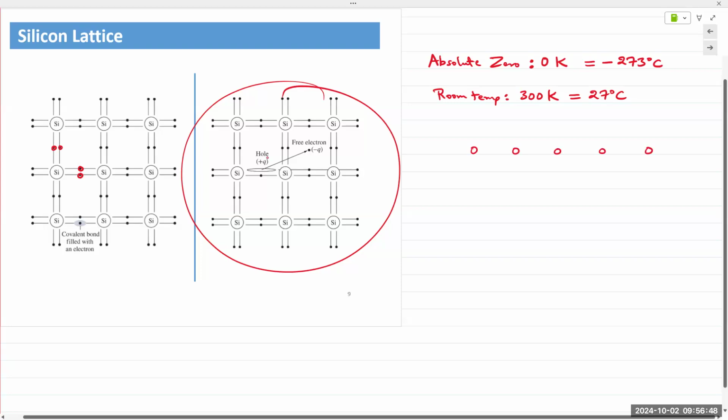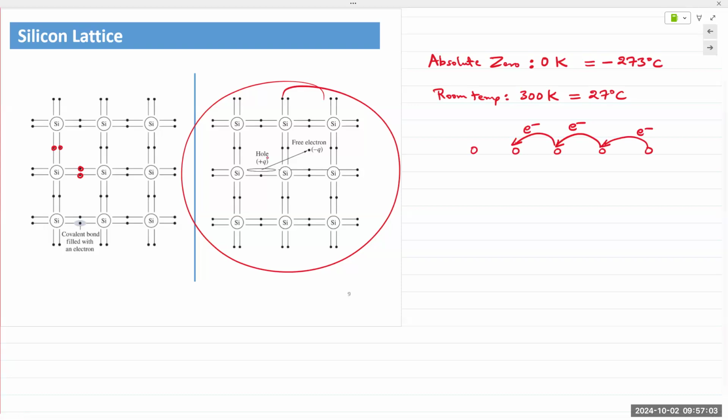spots inside a lattice structure. You have an electron that moves from one spot to the next. Every time an electron moves from one spot or becomes free of the covalent bond, it leaves behind an empty spot.